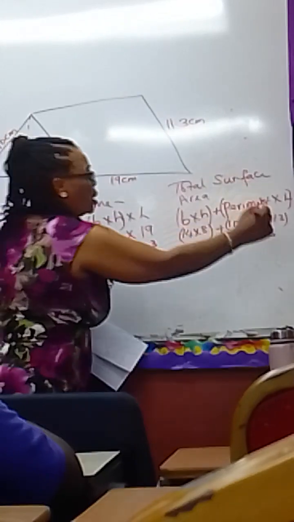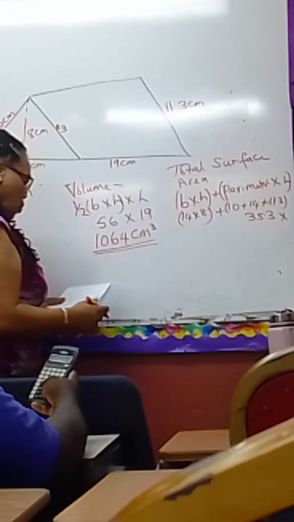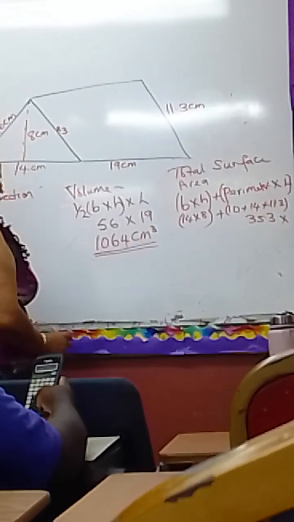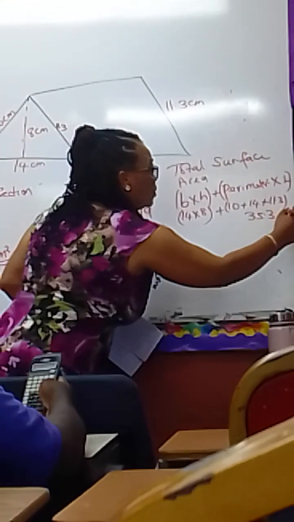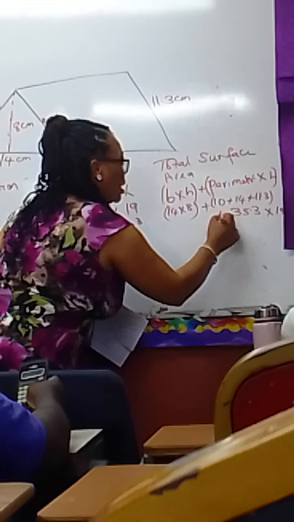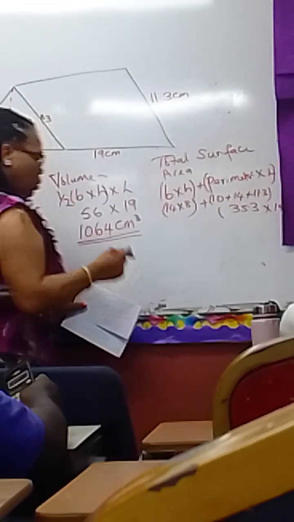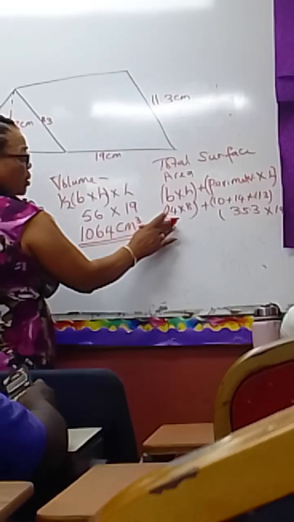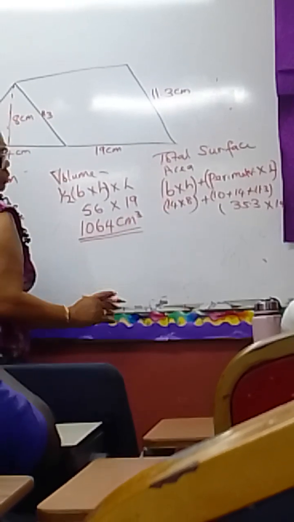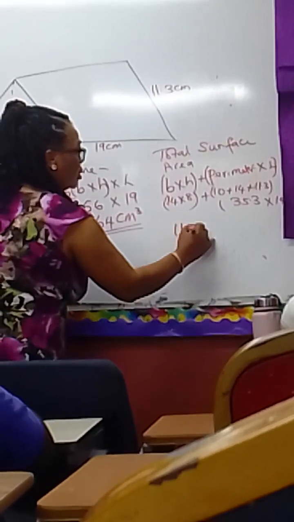And we are now going to multiply that by the length. And what is the length again? 19. So we multiply that by 19. And that's going to give us this problem here. So, what did we get when we multiplied 14 times 8 again? 112.